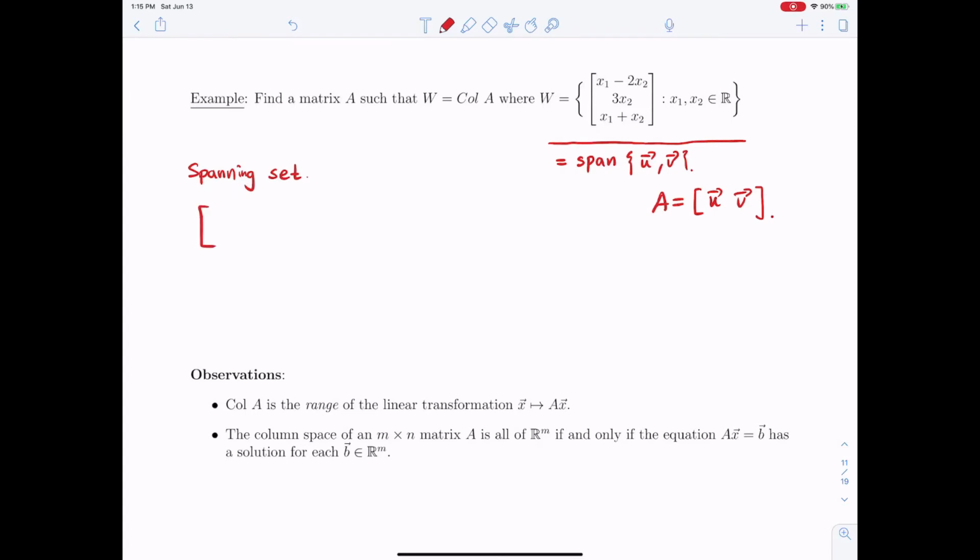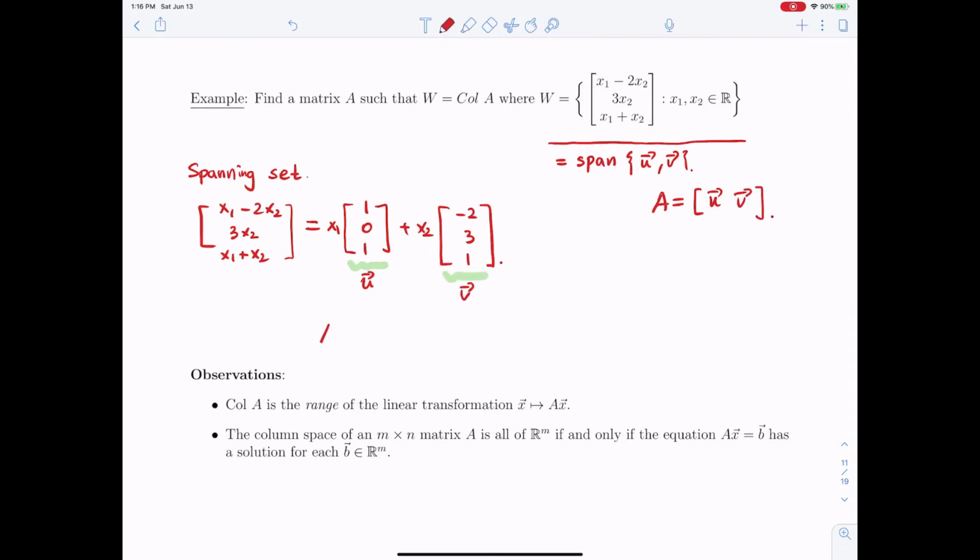The general element of W is given by (x1 minus 2x2, 3x2, x1 plus x2), which equals x1 times (1, 0, 1) plus x2 times (negative 2, 3, 1). If I let this be u and that one be v, then we get A equals [u v], which is the matrix with columns (1, 0, 1) and (negative 2, 3, 1).